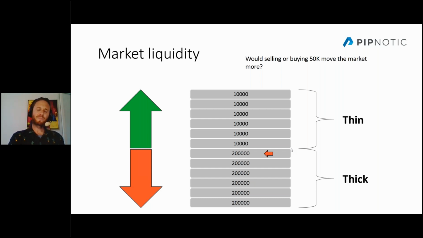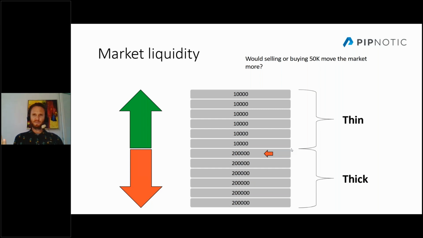If we're selling and we sell at market, our order for 50,000 is absorbed into the available liquidity below the spot price, which is 200,000. So if I want the price of this asset to go further down, even by 1 pip, then I'm going to have to sell an additional 150,000 to get price to move lower.